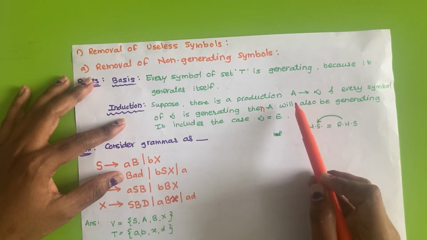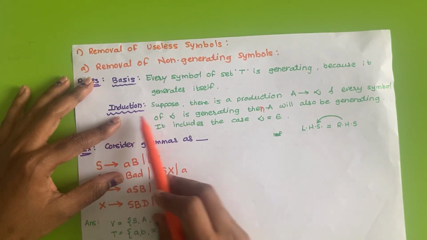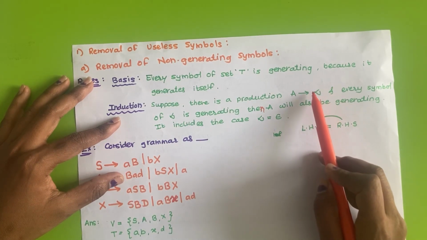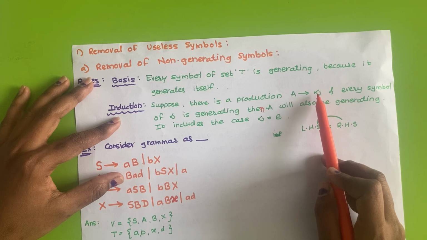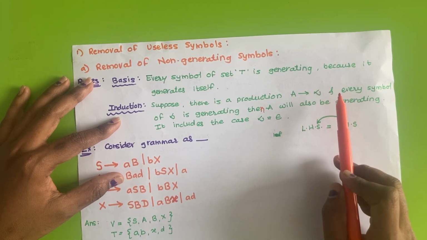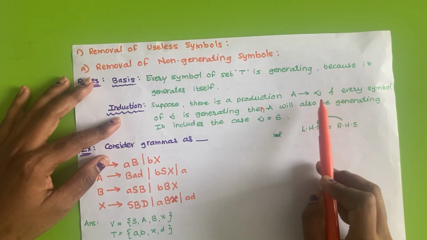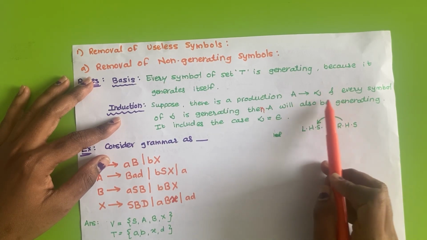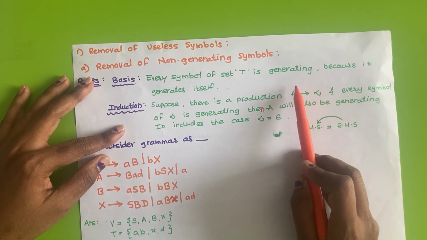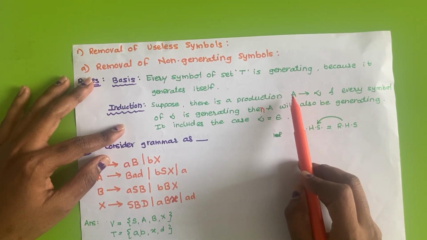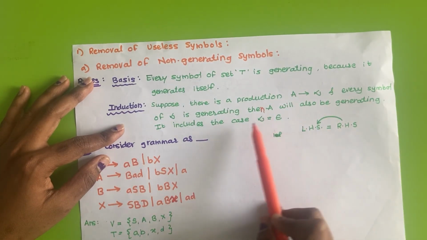So if the right side of the given production is totally generating, meaning every symbol present on the right side of the production is generating, then its head will be generating.